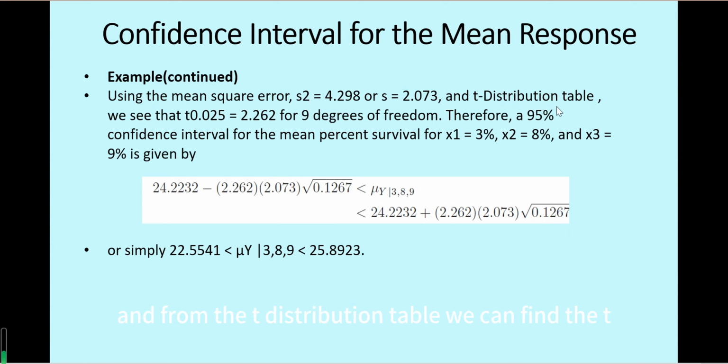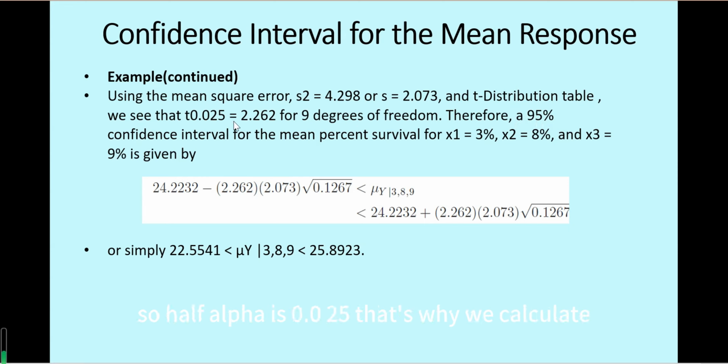And from the t-distribution table, we can find the t critical value for 0.025 is about 2.2 for 9 degrees of freedom. Because we want to calculate the 95% confidence interval, which means alpha is 0.05, equal to 1 minus 95%, right?